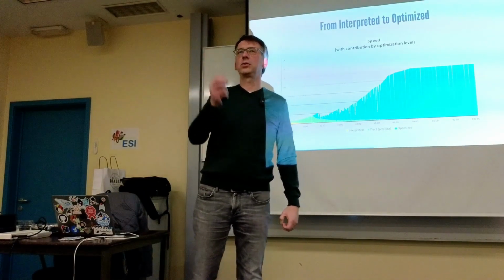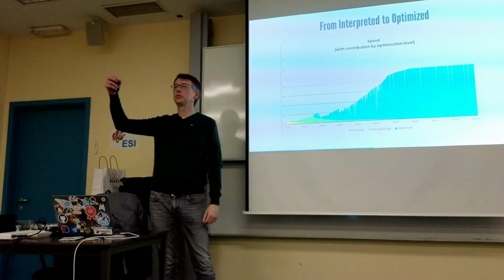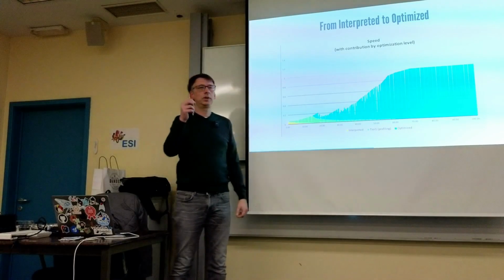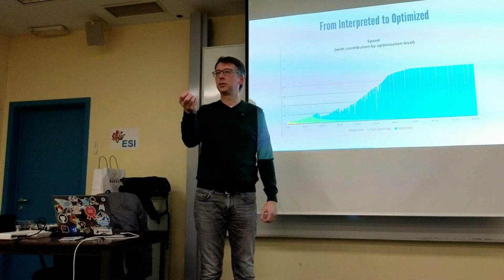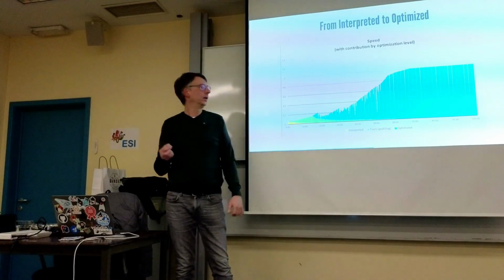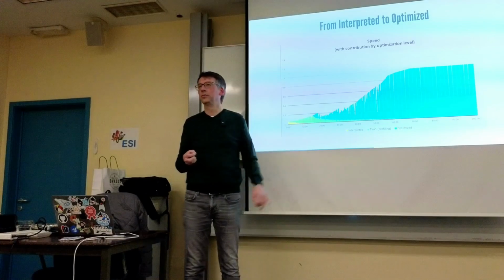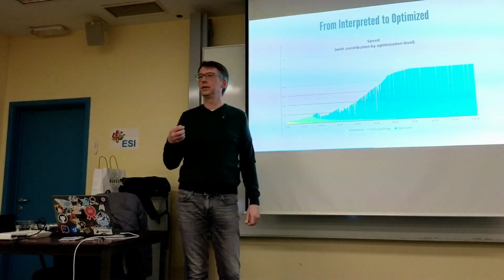And I think the threshold is 5,000. If a method has been called a certain amount of times, it will compile it to native code, code optimized for your platform. But it will do this as fast as possible. And then you end up in the green zone, and your code becomes better, faster.